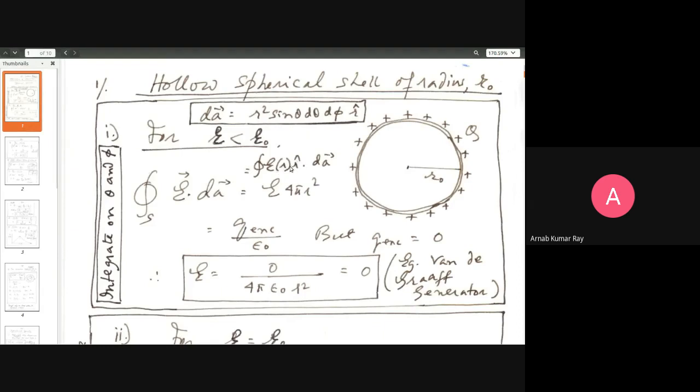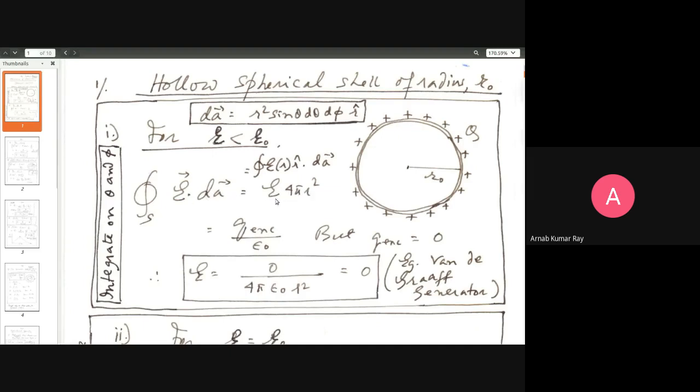So E has r cap, and dA also has r cap. So r cap dot r cap is equal to 1. These are points we have discussed many times earlier, but the integration is over theta and phi. So anything that depends on r should be treated as a constant. And so E comes out of the integral, and integrated over the full surface it is E into 4 pi r squared.